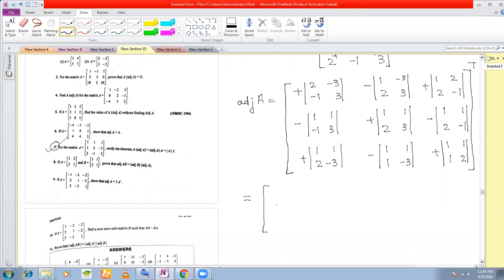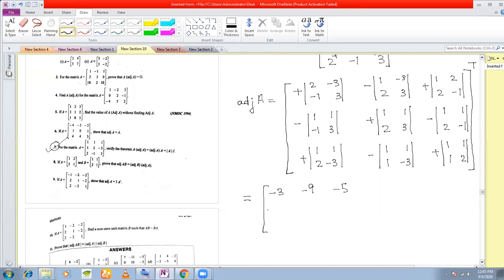You have 6 minus 1 into minus 3, that means 6 minus 3, which is 3 with the minus sign, so minus 3. Next you have 3 plus 6, which is 9, which is minus 9. You have minus 1, minus 2, minus 4, which will give you minus 5.